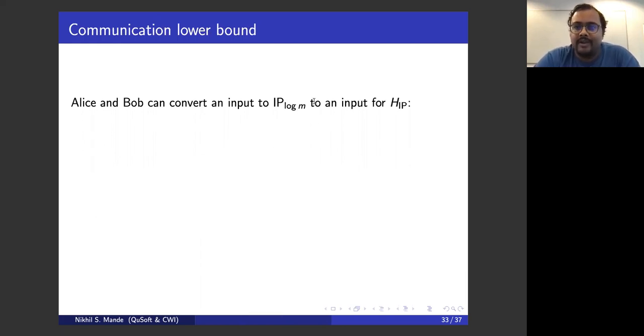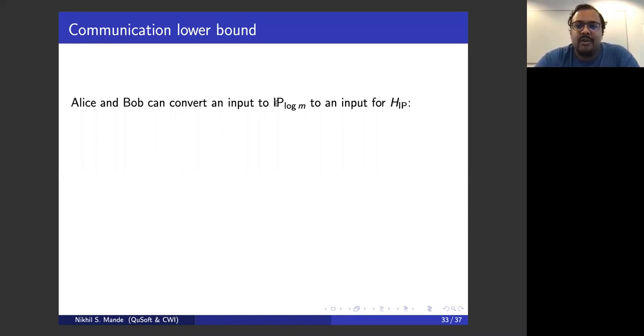I won't spend too much time on how the conversion works, but at a very high level, Alice and Bob have inputs to inner product m log m. They break it up into chunks of size log m each. So they have inputs to, let's say, inner product log m, and so on. So m many chunks.